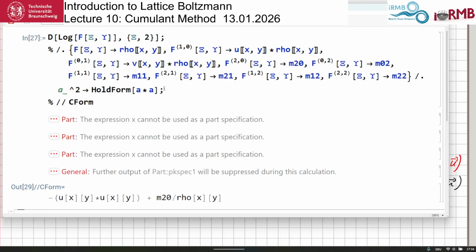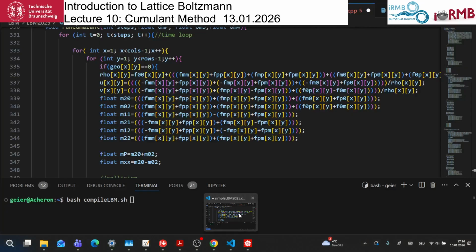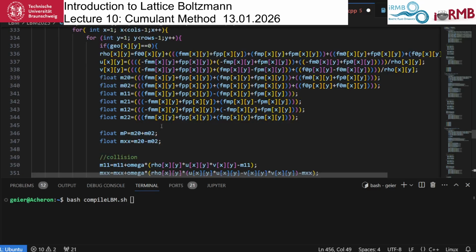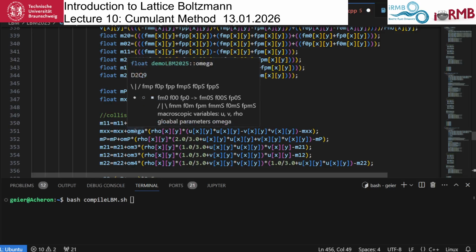Now, there is one thing, since I'm a little lazy today. We made one observation, and the observation that we made is that these second order moments were already Galilean invariant.